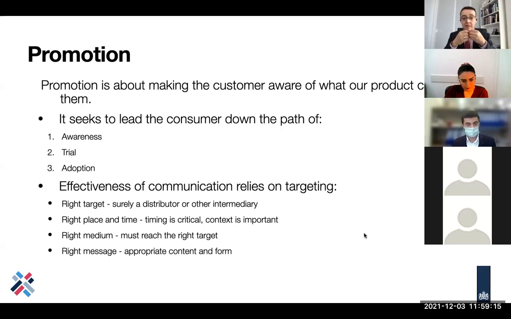Because it's a B2B transaction, it requires a B2B specific promotional strategy, which means sending the right message to the right person at the right time using the right medium. Okay?